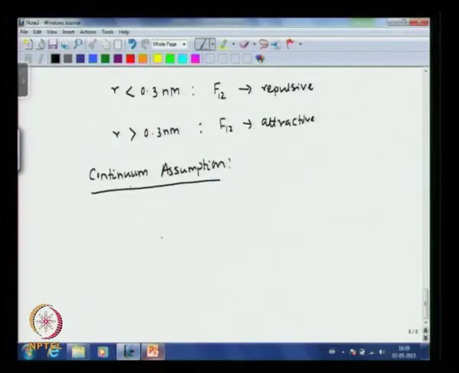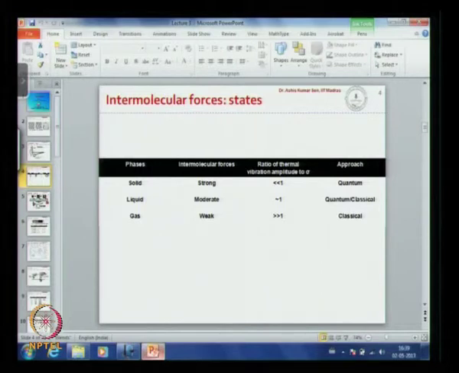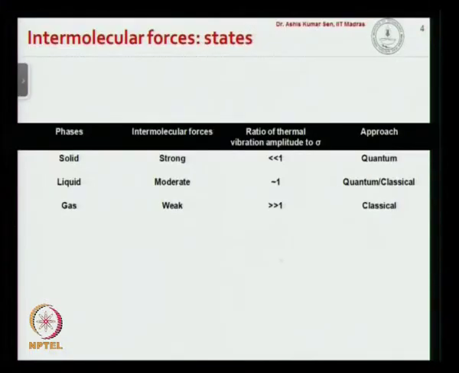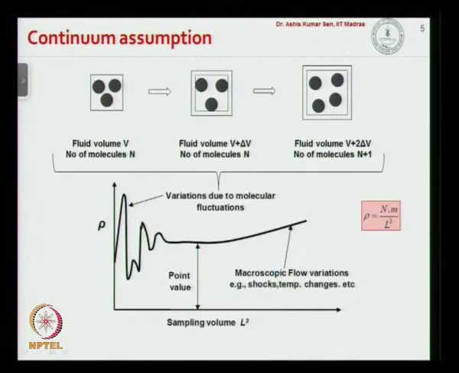So if we look at how we can define continuum in fluidics, here you see the variation of a point property, density, with the sample volume L cubed. You can see that at smaller sample volume there is a lot of variation in the density, in the point property.